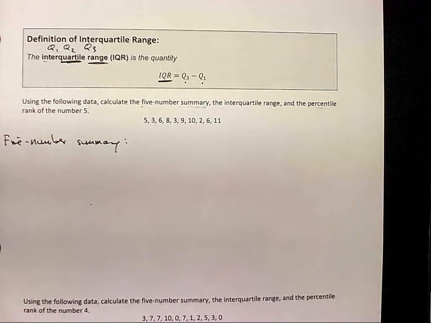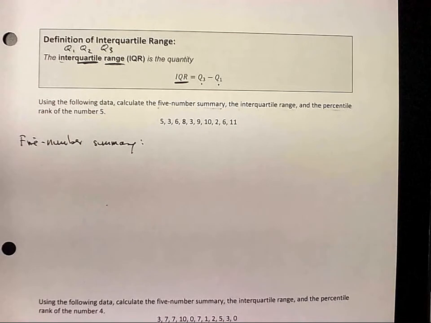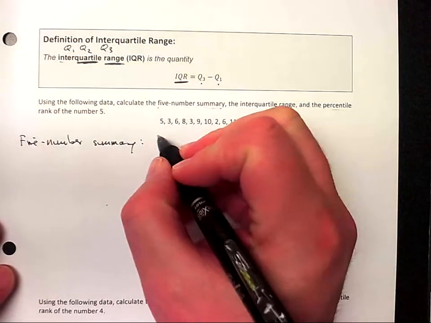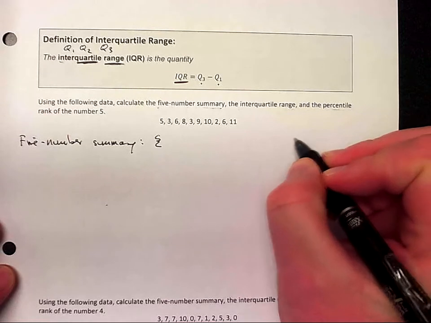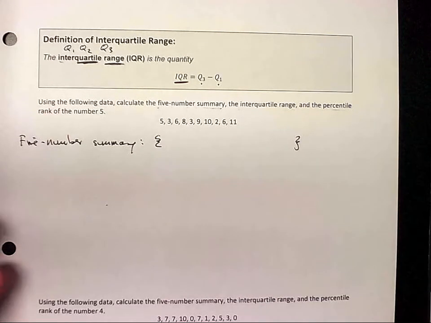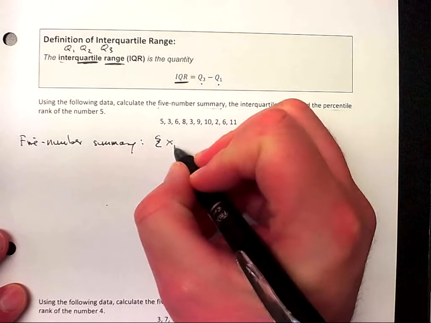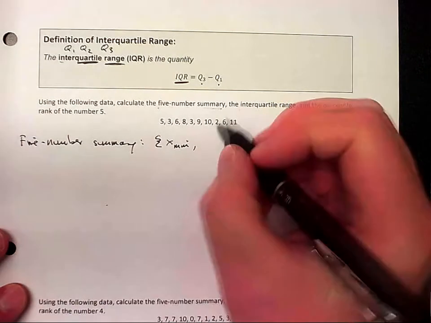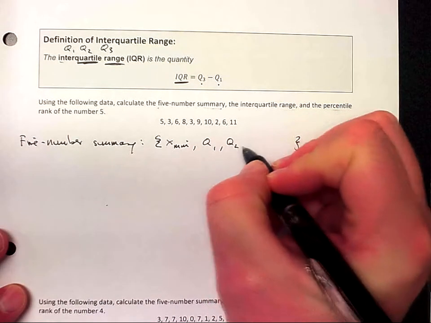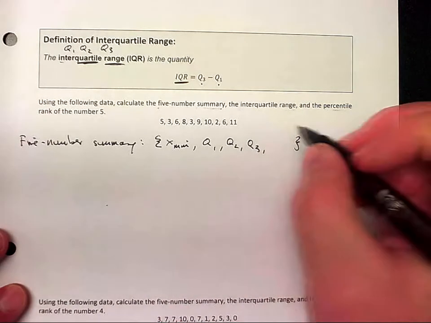All right, in the 5-number summary, we're looking to have 5 numbers in it. And what are those 5 numbers that we're looking for? Awesome.